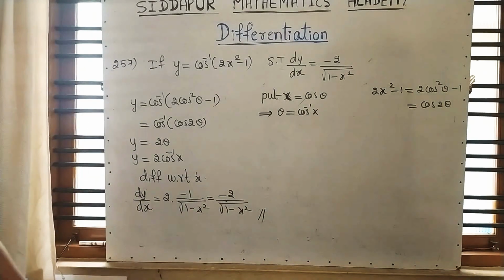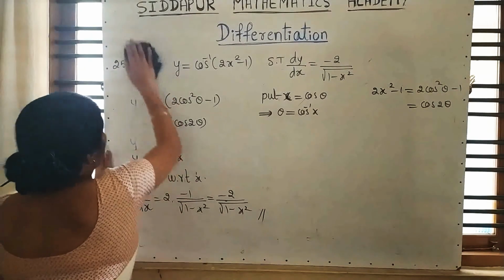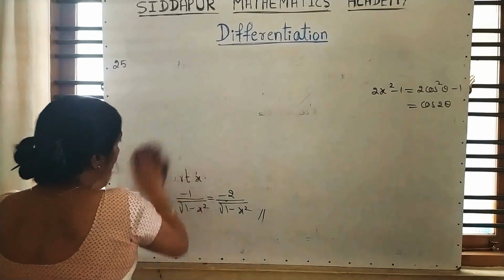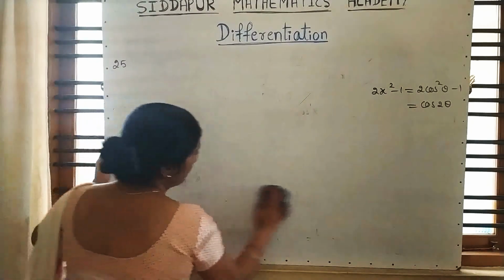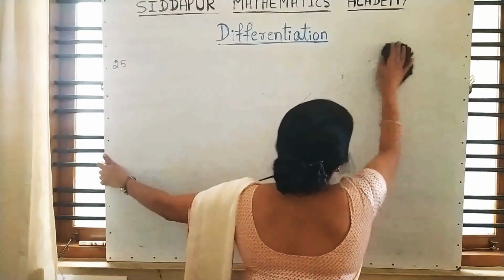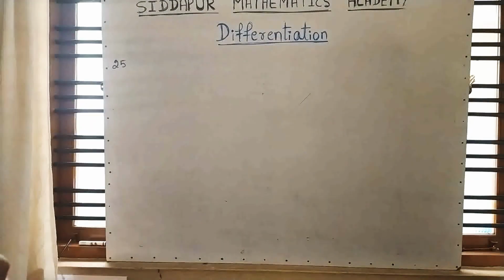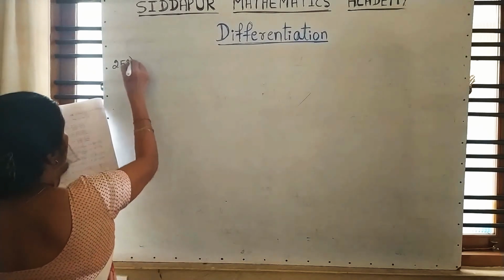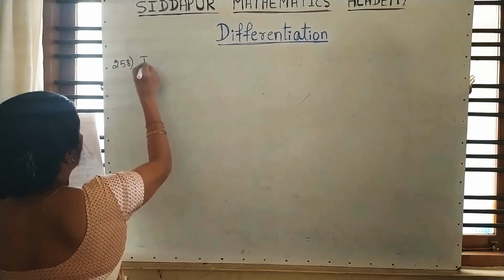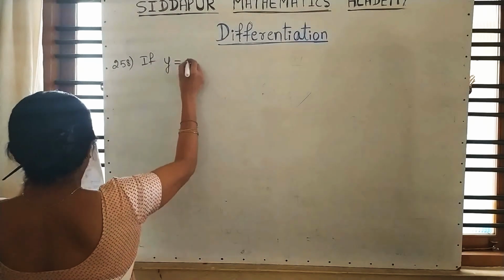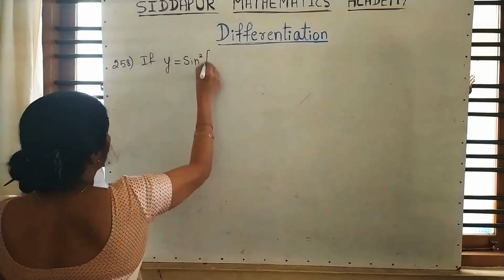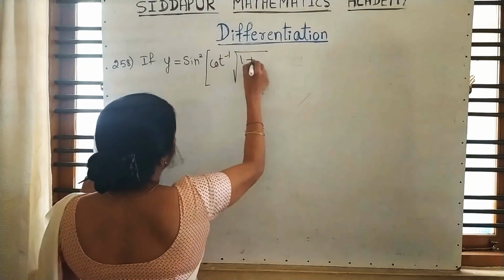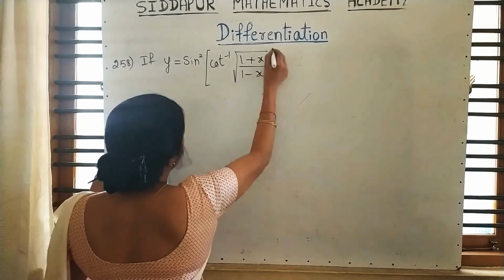The next 3 sums are a little bit lengthy and they are very important. These problems I am giving you to help for your competitive exams. y is equal to sin square cot inverse of root of 1 plus x upon 1 minus x.